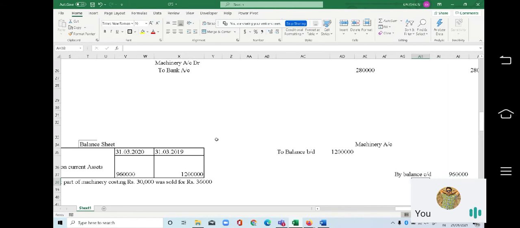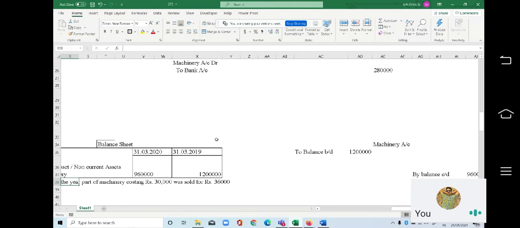Now what have you done? You have done the sale. For how much have you done the sale? Sale value is 36,000. So what will come? Sales will come on the credit side. So it will come as by bank account.